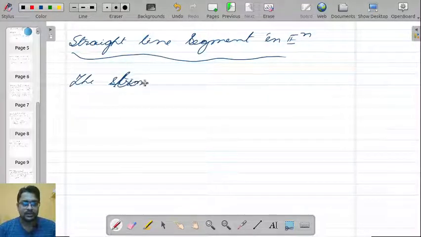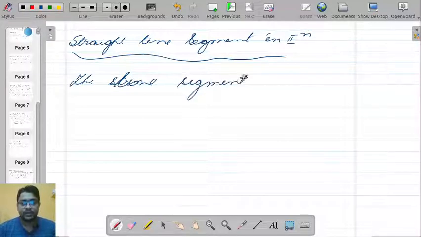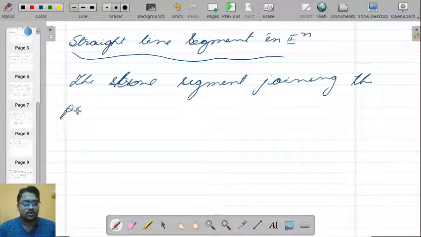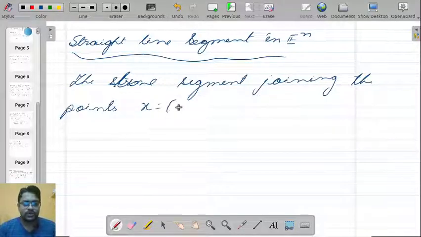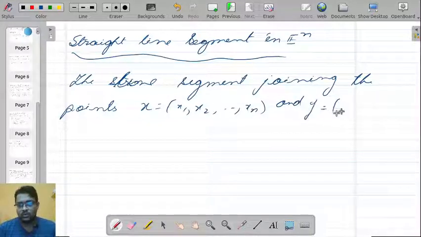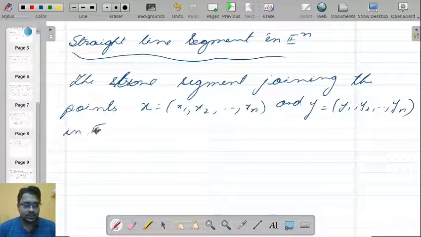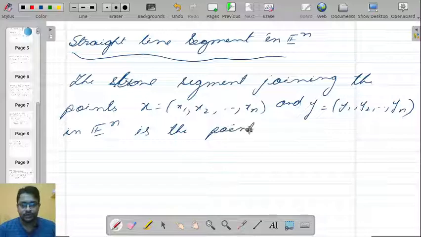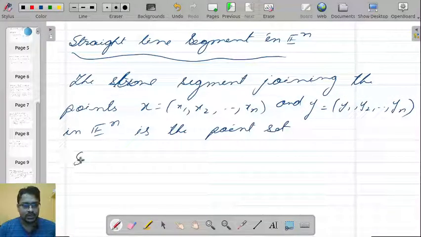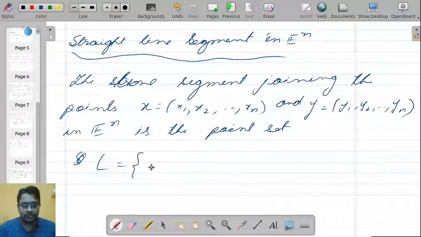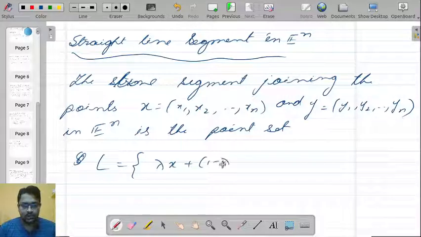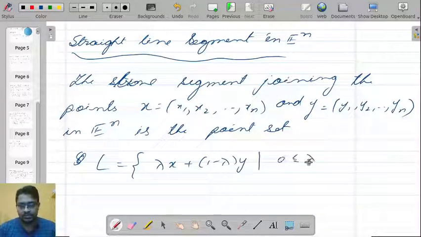The line segment joining the points x equal to x1, x2 up to xn, and y equal to y1, y2 up to yn in E to the power n, is the point set, say L equal to the set of all lambda x plus (1 minus lambda) times y, such that 0 is less than or equal to lambda, less than or equal to 1.